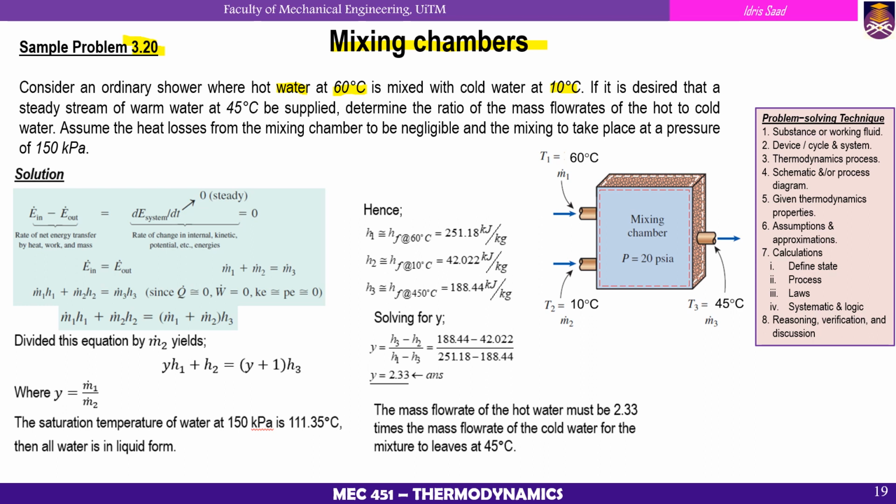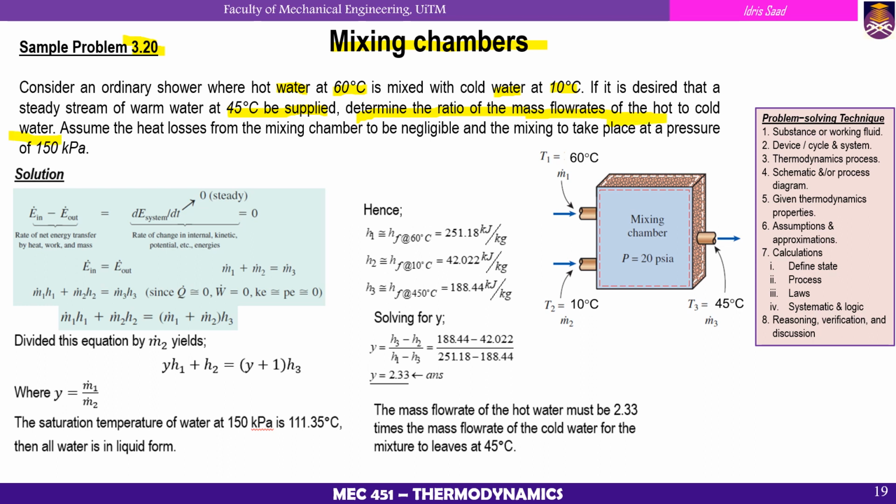Both are the same substance, water, but one is hot at 60 degrees Celsius and the other is cool at 10 degrees Celsius. If it is desired that a steady stream of warm water at 45 degrees Celsius be supplied, determine the ratio of the mass flow rate of the hot to cool water.